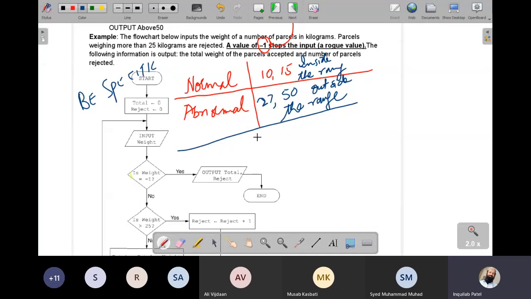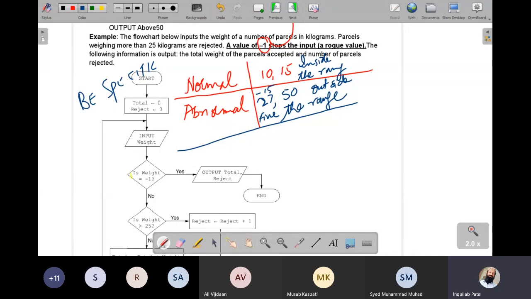Even you may write down FIVE, written in words. It will also be an abnormal value. FIVE is written in words, not integer. You may write down minus 15, right?